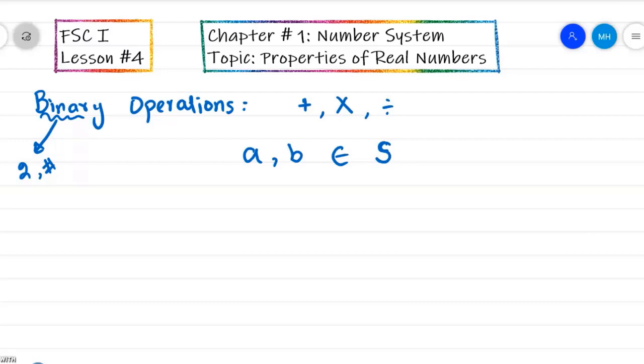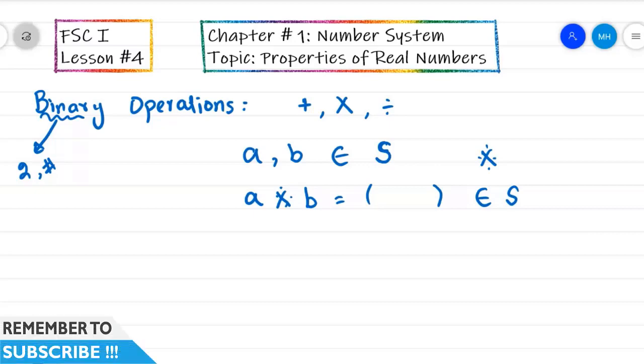If I apply any of these operations, collectively we can write these operations like this, or any of them, to both numbers, the answer must also belong to this set. It means these two numbers follow the binary operation.